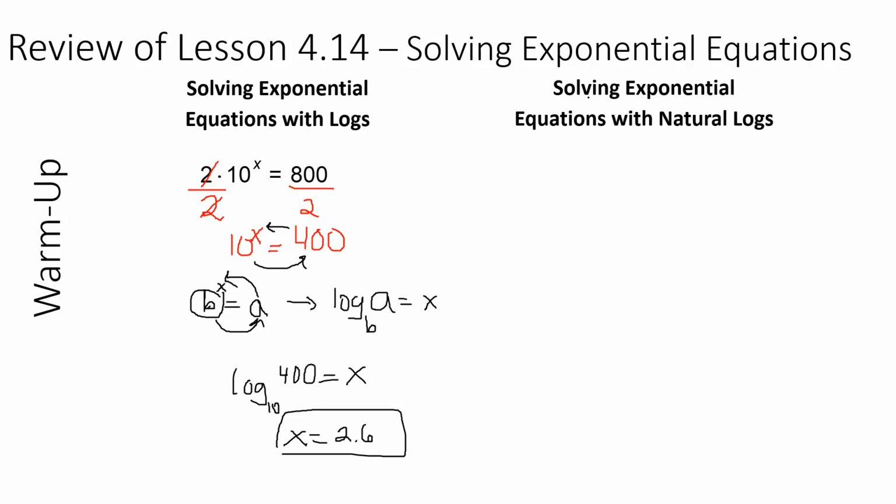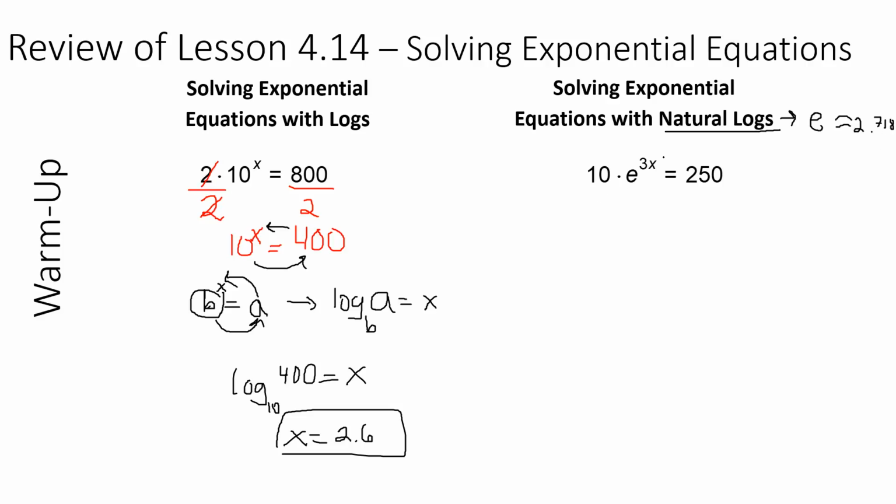The second example is solving an exponential equation with natural logs. Natural logs, you learned, you use when you're using the base e. A friendly reminder that e is approximately 2.718. Just like you all know that pi is about 3.14, e is about 2.718.